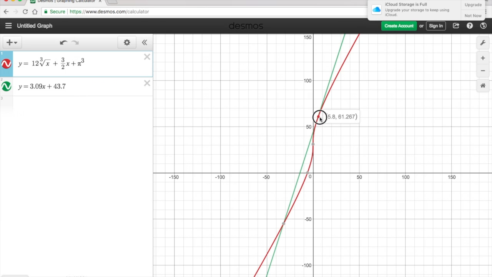Whenever the original equation, the red one, is 4, the y will be 56.055. And whenever I want the 4 in the green one, the y will be also 56.06. So that means that that point is a point of tangency.